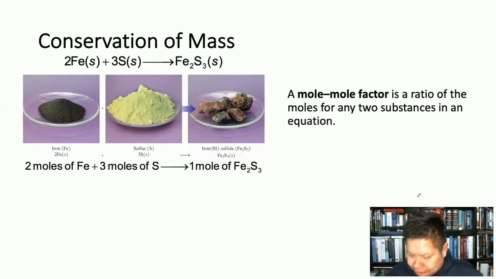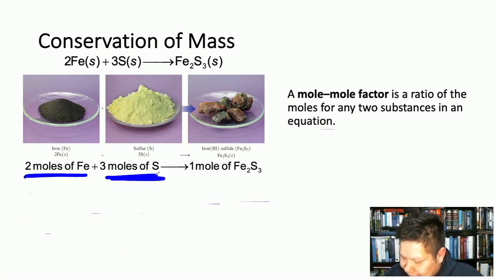That takes us to the conservation of mass, which we danced around a lot already when we were doing all of our calculations with the moles. But just remember that you need to have 2 moles of iron and 3 moles of sulfur to get to 1 mole of iron sulfide, right?